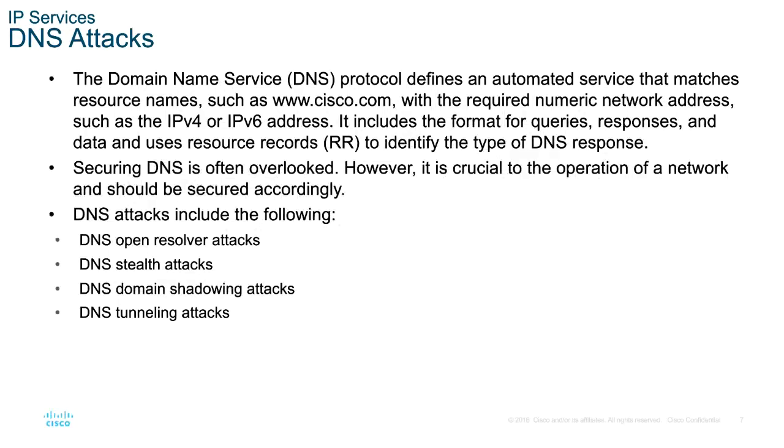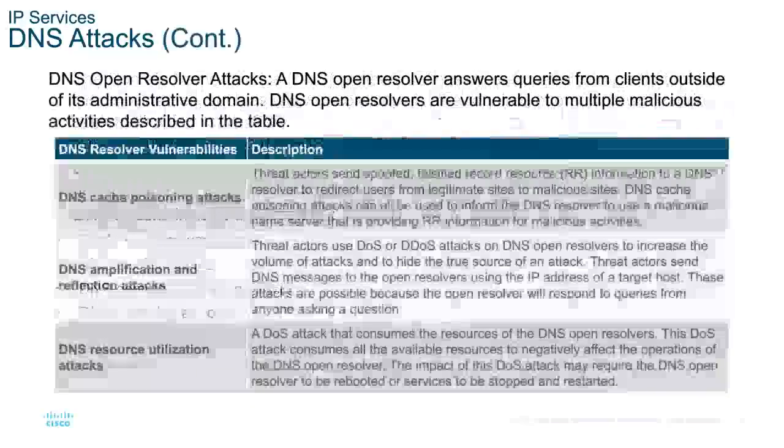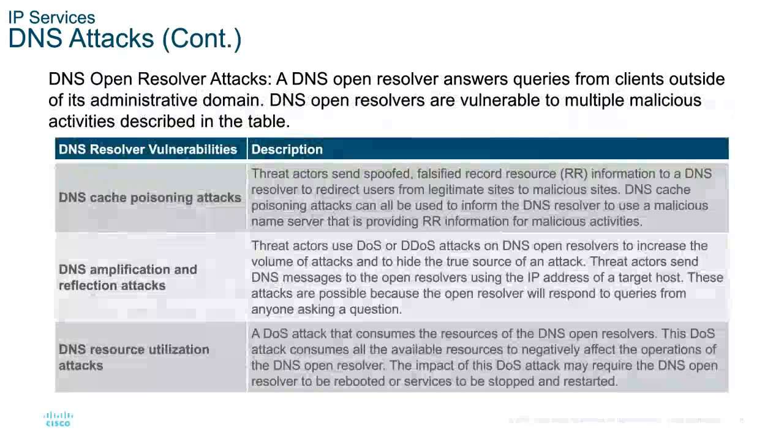So what can be used against us? Well, we can have open resolver, stealth attacks, domain shadowing, tunneling. So there's quite a few things that can occur that is inbuilt into this protocol.